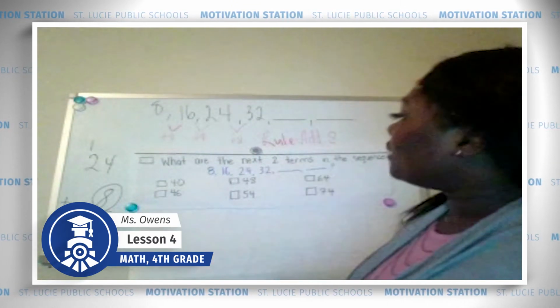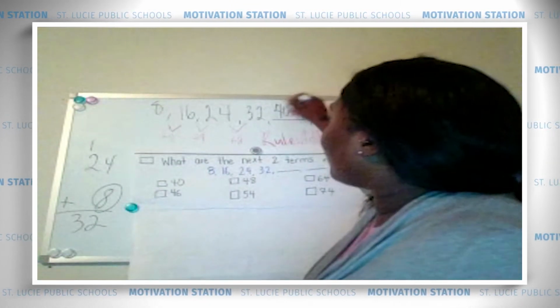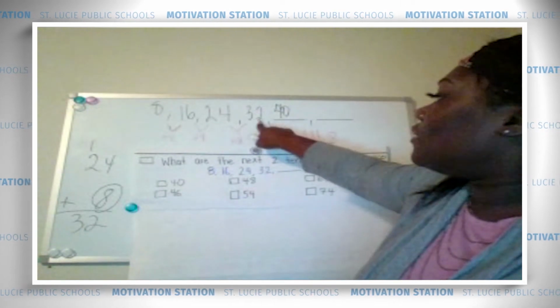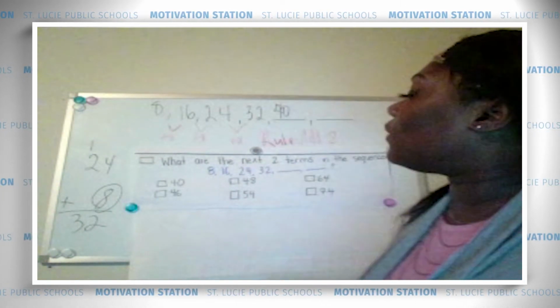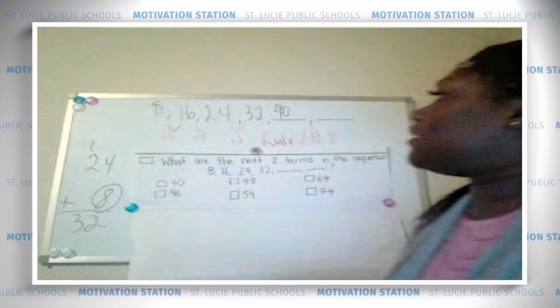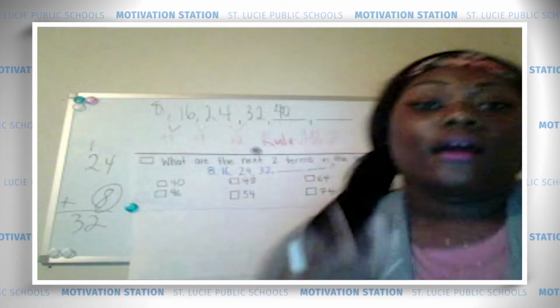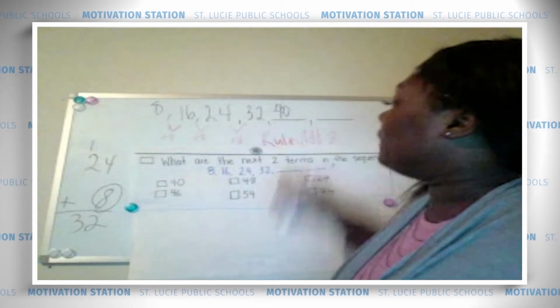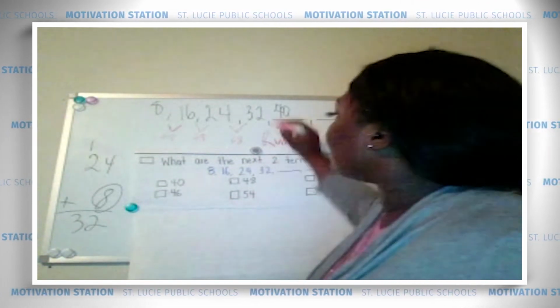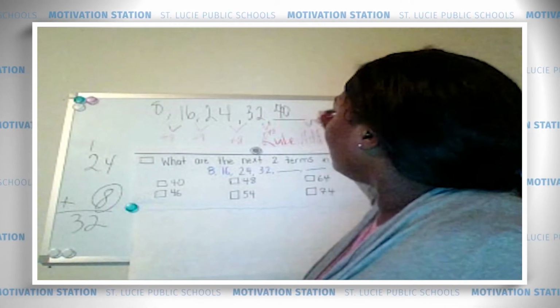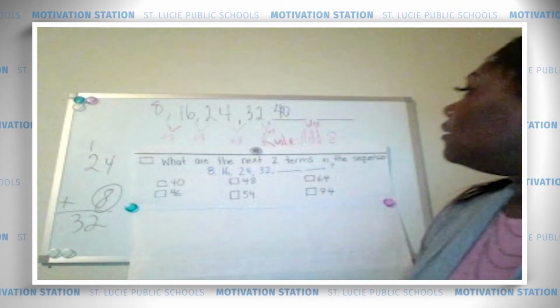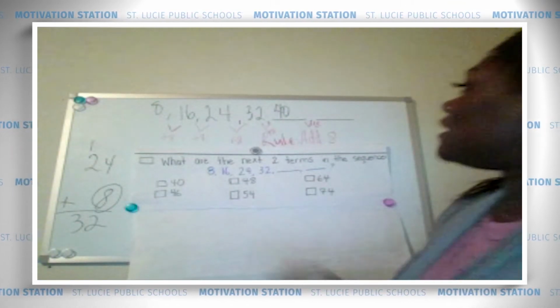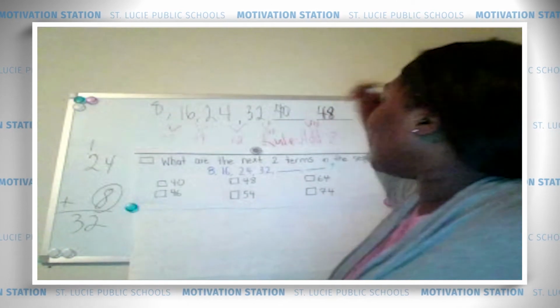And I know that 32 plus 8 equals 40, because this is 2, and 2 and 8 is 10, and then if I regroup, I'll bring that extra 10 over to the tens place, and instead of having 3 tens, I'll have 4 tens. 4 tens equals 40. Now I'm at 40, I must also apply that same rule, add 8, and 40 plus 8 equals 48.